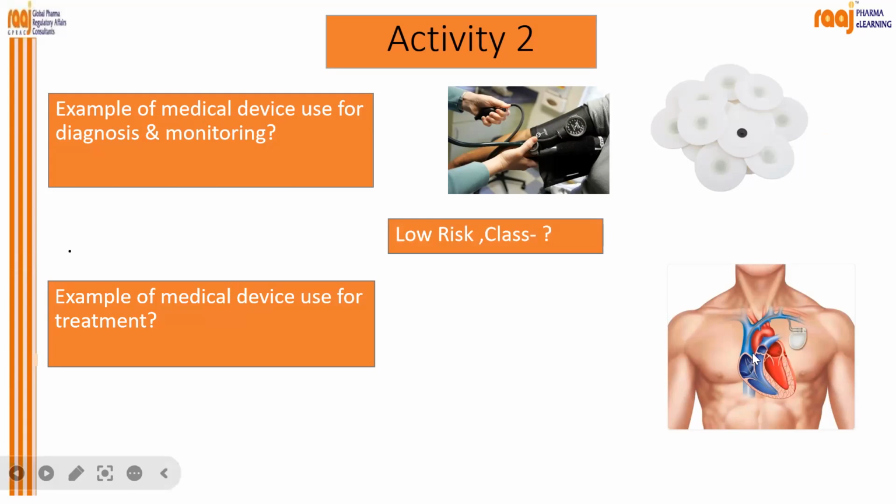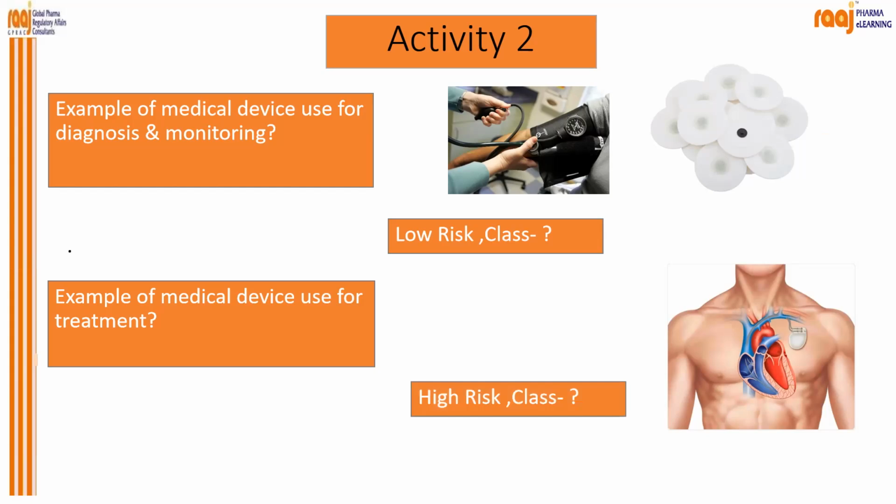It goes inside the body, so high risk. Yes, it will fall under class C or class D, D, correct? And these other devices are low risk, which are just used outside, and this one goes inside, so high risk.